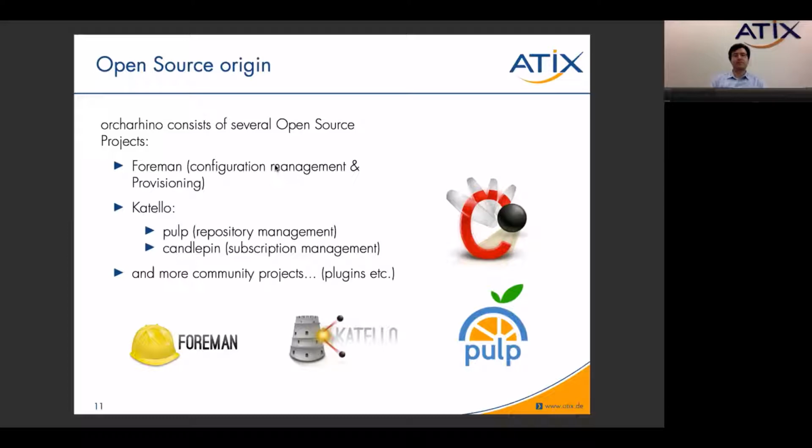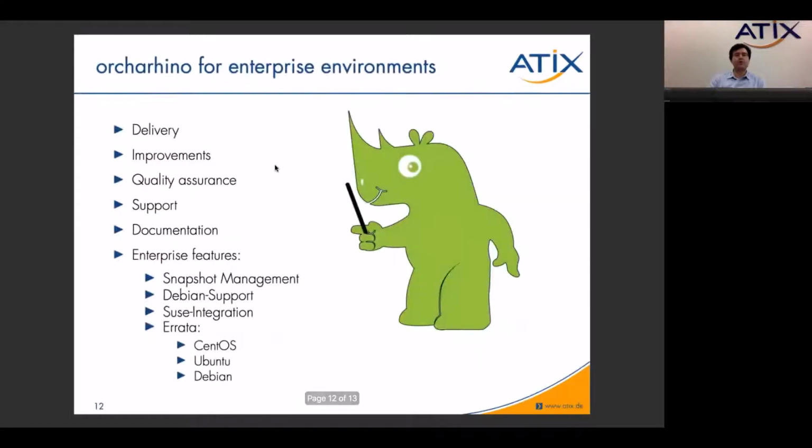But there are many more community projects that are supported and can be installed, and which are delivered by us on request. So what do we offer from ATIX? For customers who order Orcharhino, we come and we install Orcharhino. We apply every plugin which is requested.